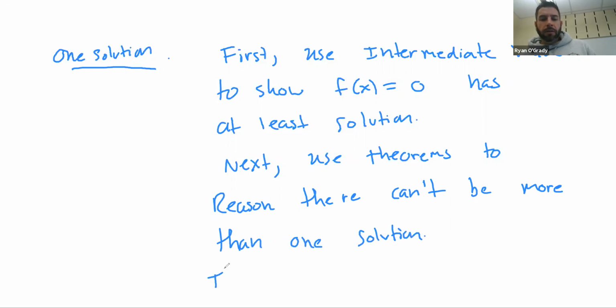And so what this does is this shows f of x equals 0 has a unique, that is one and only one solution.